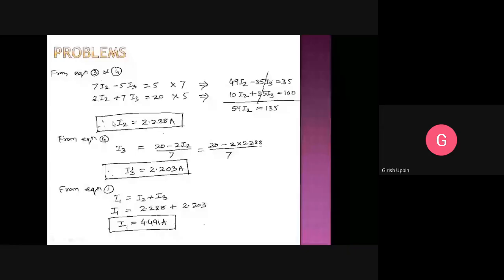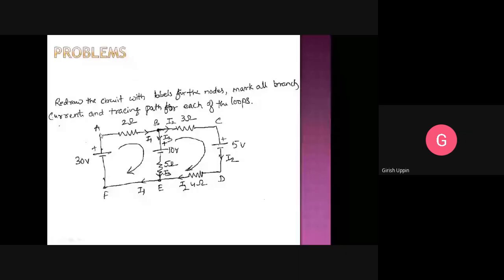Next, you go to this branch, because we are going to do A, B, E, F, A. Then you are going to come in this direction. You are coming and hitting the positive plate of an EMF source. So you are going to take this value as positive, plus 10.